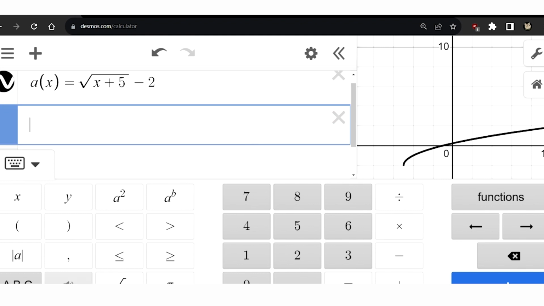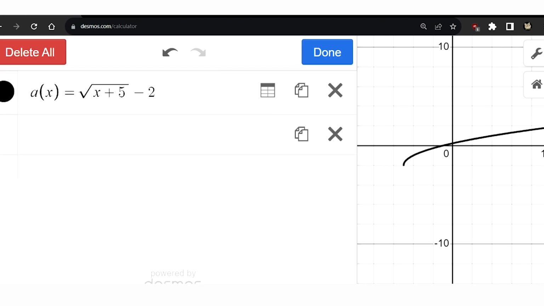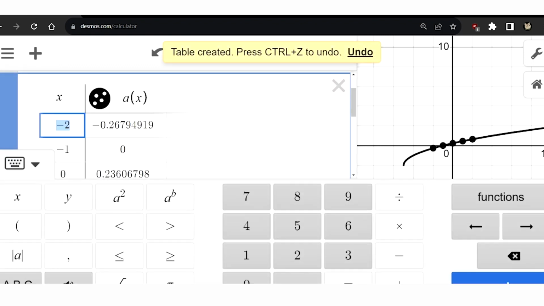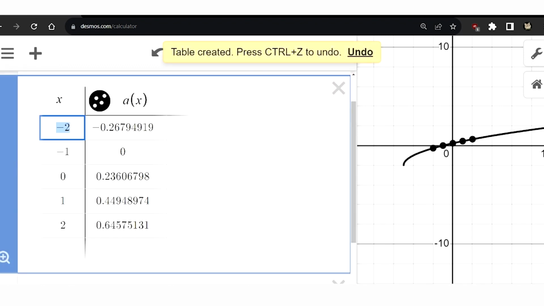So the way that you do this is if you hit this gear icon where my mouse is right now, it says edit list. If you click that, you get this little table icon and it says create table. So if I hover over there and actually click on it, what it does is it produces a table of all the values from -2 to 2.